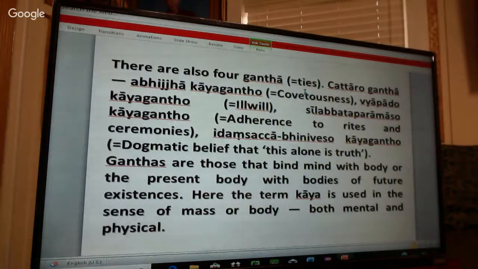Yeah, different. So Ganta binds the mind with the body, or the present body with the future existence. So we say Kaya Ganta.